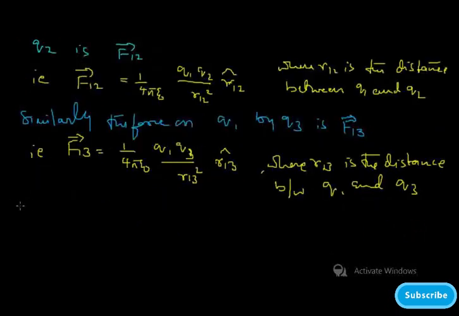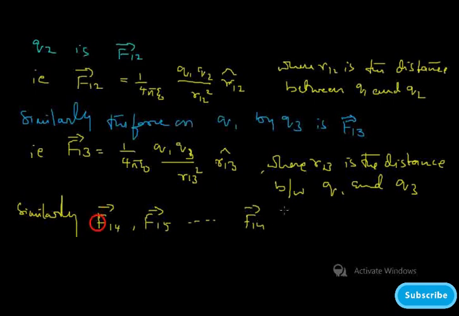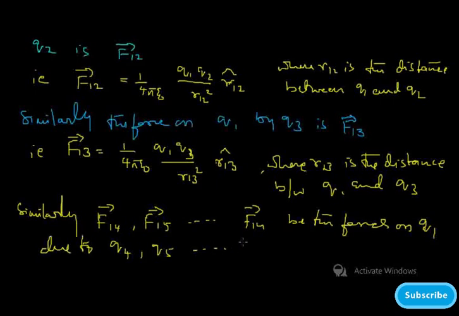F14 vector, F15 vector, etc., up to F1n vector are the forces on Q1 due to Q4, Q5, etc., Qn respectively. So this is the way to find the forces acting on Q1.